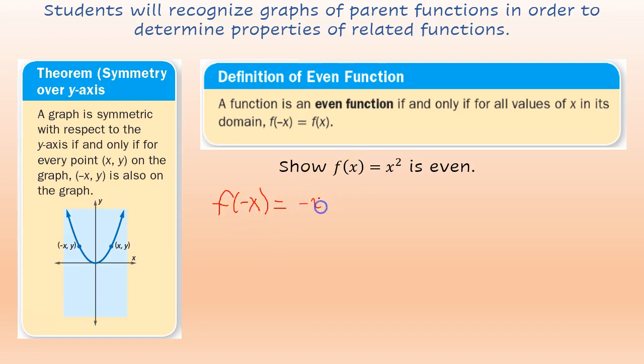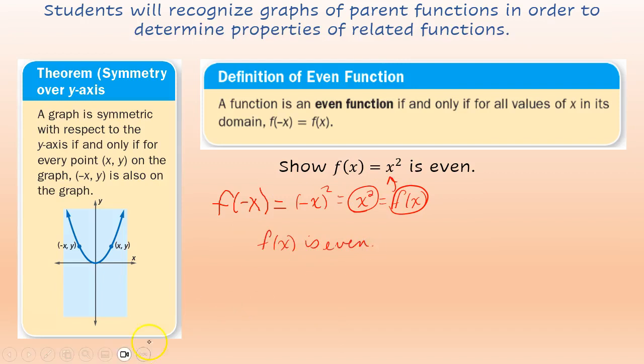So we have the opposite of x squared, which is positive x squared, which is exactly what we wanted to show. So because f of negative x equals x squared, which is f of x from up here, we can see that f of x is even.